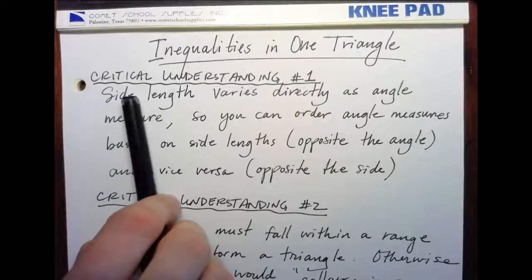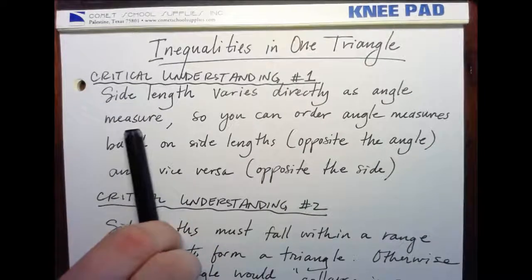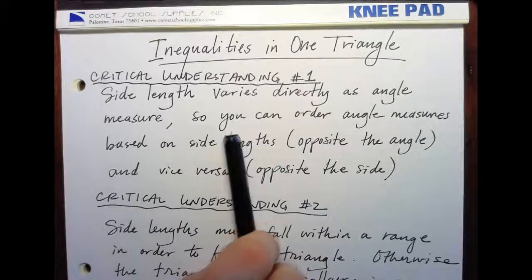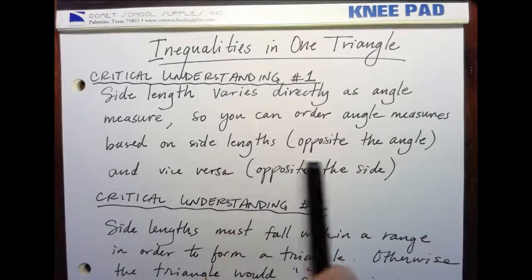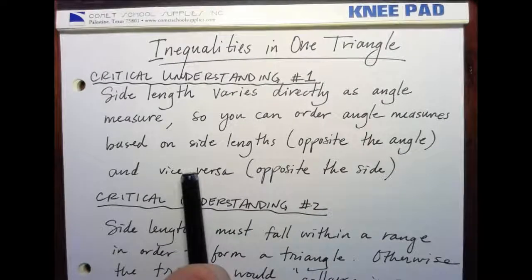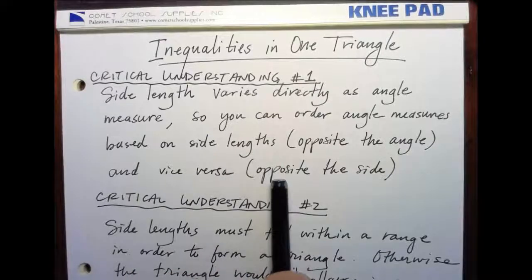So if a side length gets bigger, then the opposite angle measure has to also get bigger. So this means that you can order angle measures based on side lengths, the side lengths, of course, opposite the angle. And vice versa. You can order side lengths based on the angle measures opposite the sides. Okay, so we'll talk about what that means more as we get into some examples.